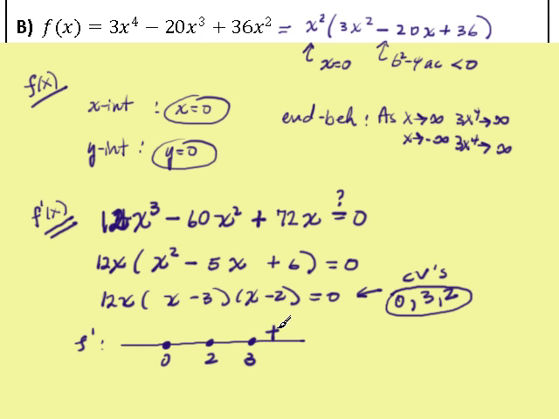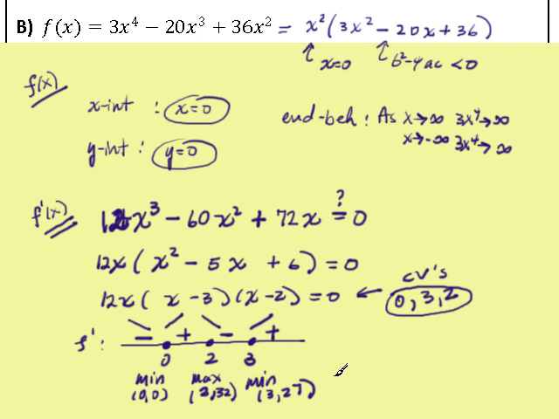And we get that alternating pattern. Decreasing, increasing, decreasing, increasing. Here's a min. Here's a max. And we substitute in 2, we get 32. And here's a min.